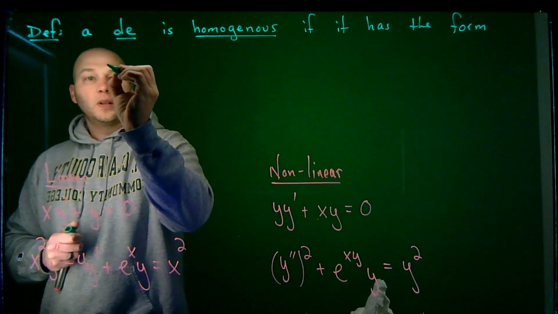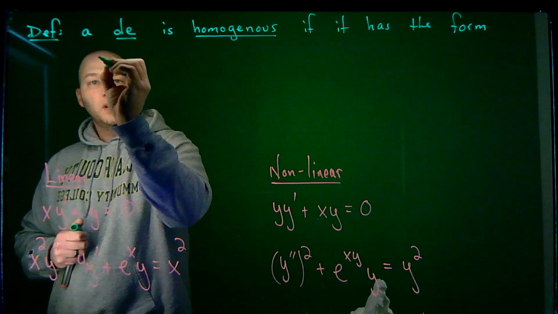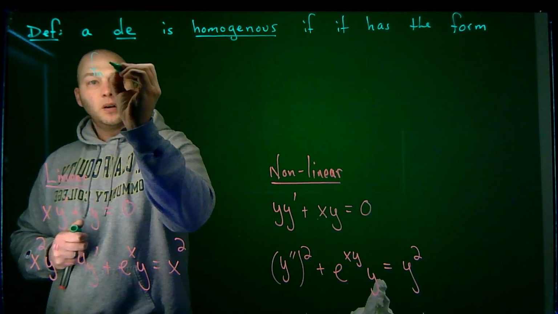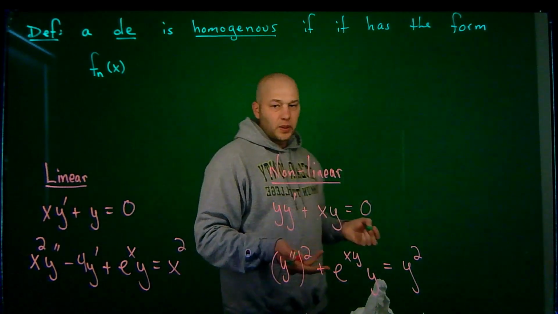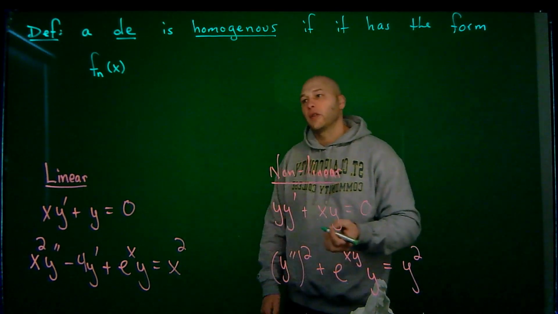All right, so let's again go back to my previous expression here. Where I'm going to write this as an ordinary differential equation, but the same concept applies to a partial differential equation.